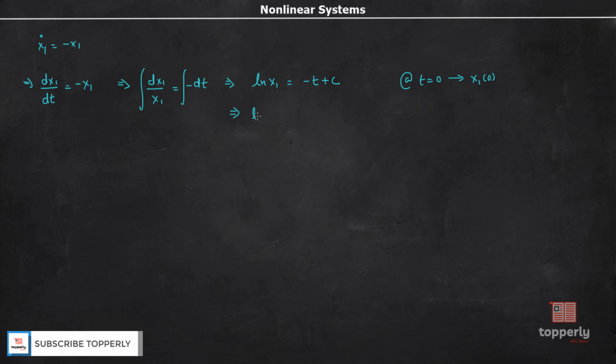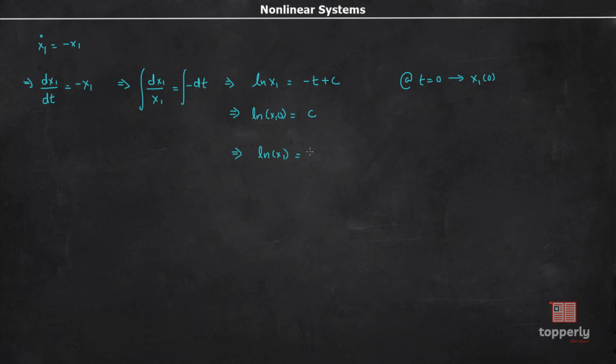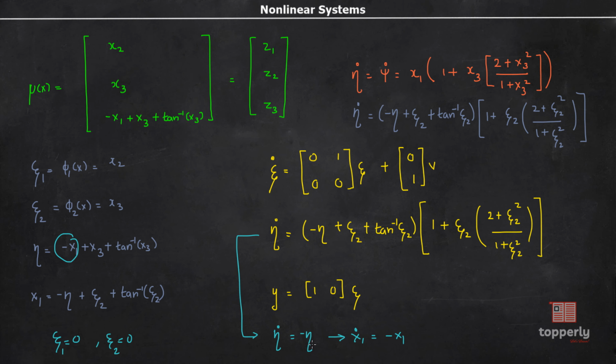Therefore, ln x1 of 0 is equal to c, and therefore we have ln x1 is equal to minus t plus ln x1 of 0, and rearranging gives us ln of x1 by x1 of 0 is equal to minus t, or x1 is equal to x1 of 0 into e raised to minus t. Here we have e raised to minus t, which means that these dynamics will die out as time progresses. That is, eta variables will die out as time progresses. So our system is stable.